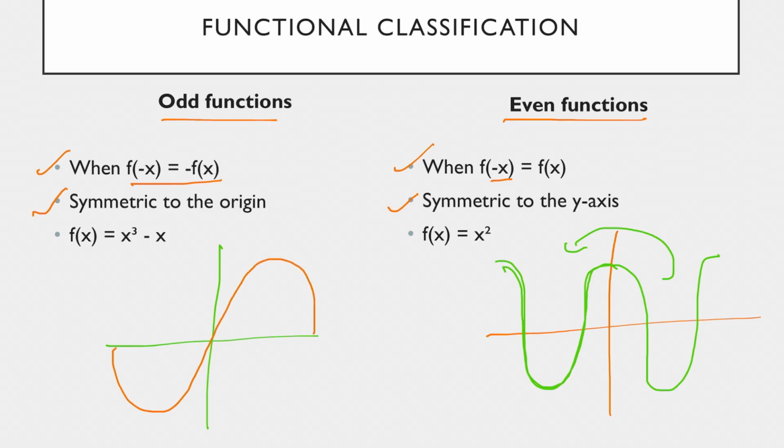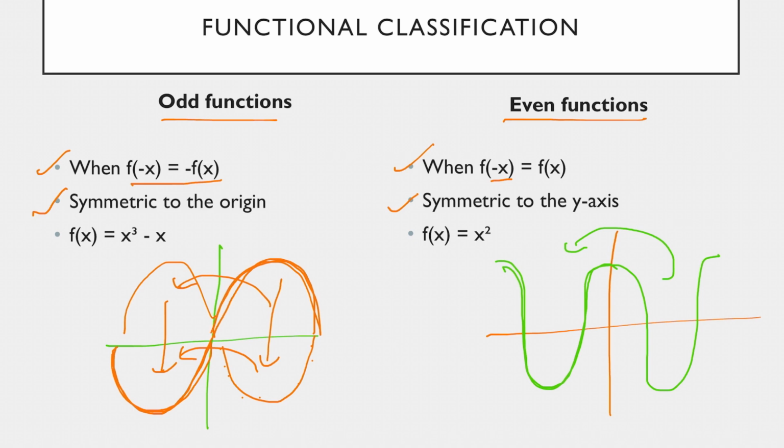You flip around the x to get something like this, and then you flip around the y to get the same thing. Or you flip around the y to get this, and then you flip around the x to get this. In both ways, they superimpose each other about the origin. That is what is meant by symmetry to the origin.